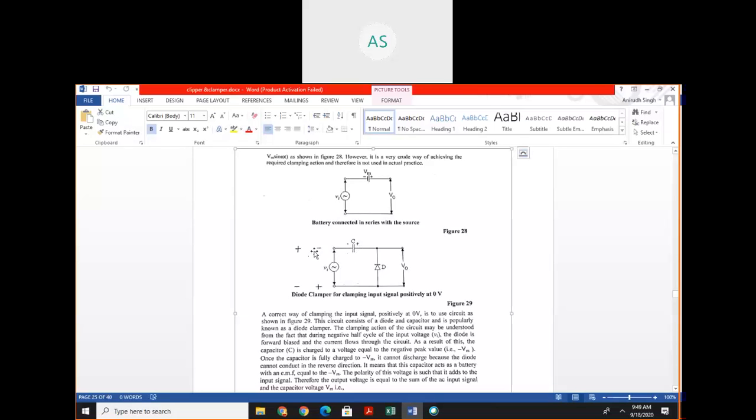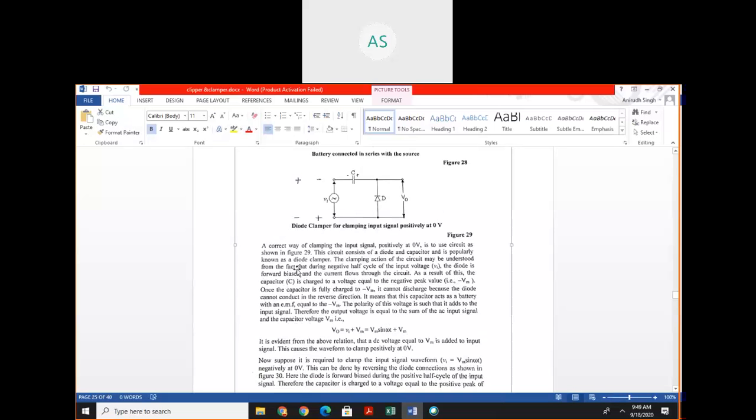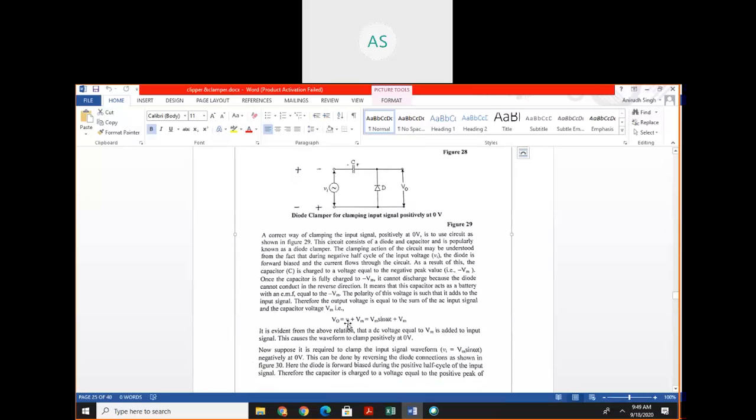We start analyzing this clamper circuit for the cycle in which this diode is forward biased. For the negative half cycle, this diode is forward biased, and forward biased means it acts as a short circuit. Current starts flowing in this direction, and this capacitor is charged to the peak value Vm of the input signal.